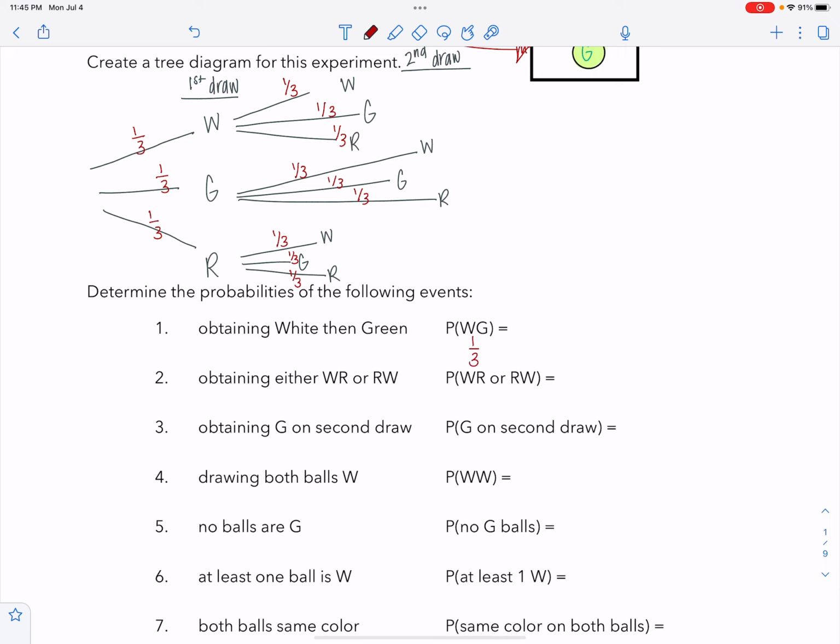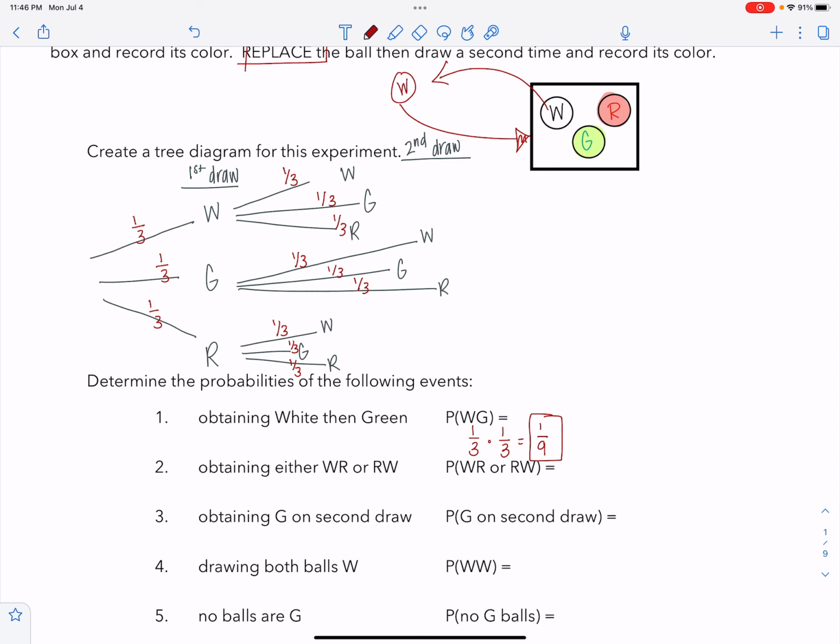So 1 out of 3 times 1 out of 3 gives me a probability of 1 out of 9. Or the other way I could look at it is there's only one way to get a white then green out of a total of 1, 2, 3, 4, 5, 6, 7, 8, 9 possible outcomes.